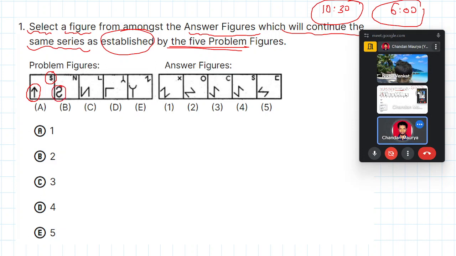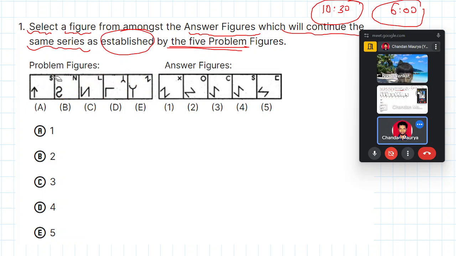Now see this N. This N was small in size, then suddenly it increased in size and is also inverted, correct? Just see the L. So we are finding some pattern in this. Can you guess what option can come in the answer figure?